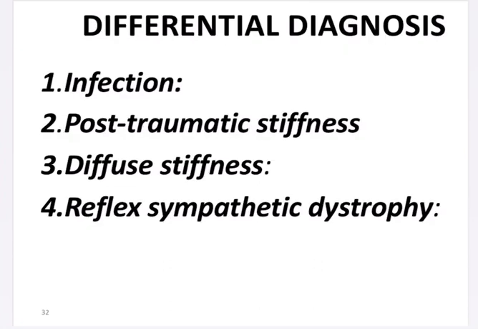We have to differentiate frozen shoulder or adhesive capsulitis from infection, post-traumatic stiffness, and diffuse stiffness. And the fourth condition which should be differentiated from frozen shoulder is reflex sympathetic dystrophy. Infection can be differentiated easily from adhesive capsulitis because in infection we have inflammatory markers, which are ESR, white blood cells, and C-reactive protein.